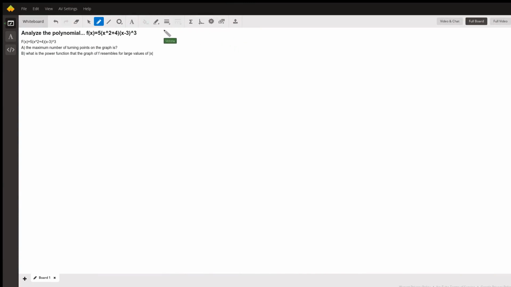If you look at this polynomial and you were going to multiply the whole thing out, what you would get, at least in the beginning, if you think about it, this is going to be 5, and then you have an x squared plus 4, which has no real roots, and then you have x minus 3, and it's cubed.